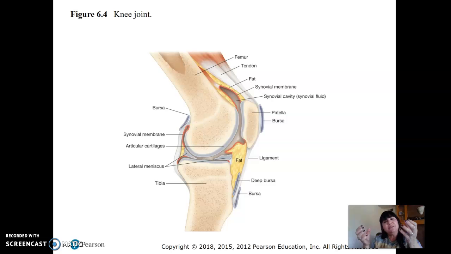On the ends of the bone, there's cartilage, that white kind of spongy stuff. So we have that too. Here's the muscle, here's the tendon, here's the kneecap because they're showing the knee. This has a certain type of movement. It's a hinge joint. It only moves in one plane.